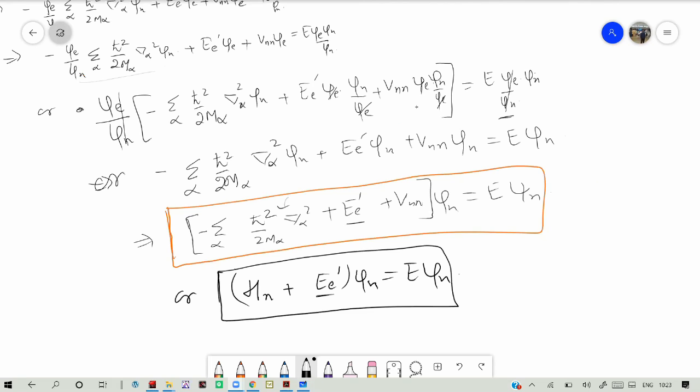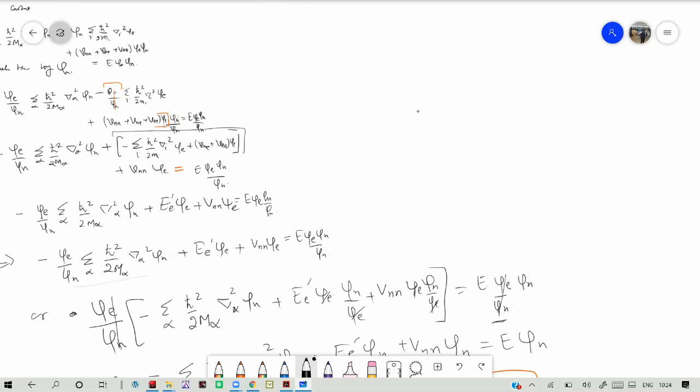E is not simply the energy of the electron. E is actually energy. He psi E is the total eigenfunction of an electron. This He is actually Vne plus Vee here. If you see this equation, let me show you the equation.